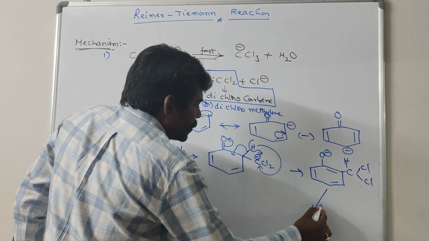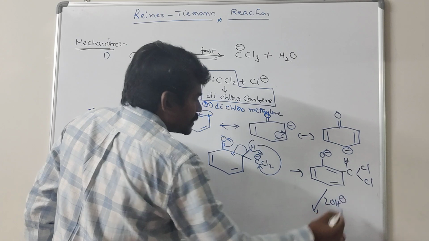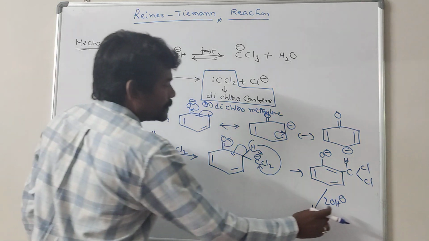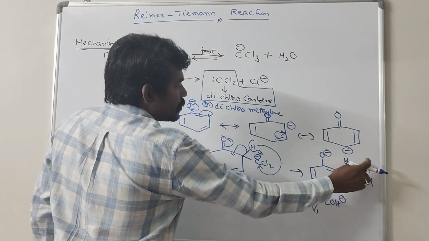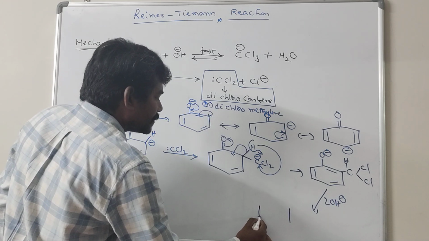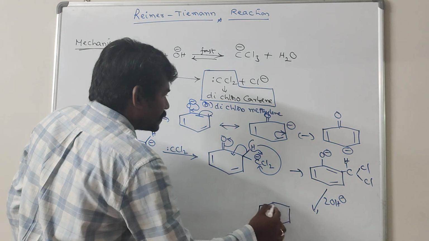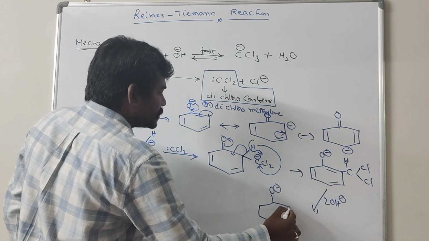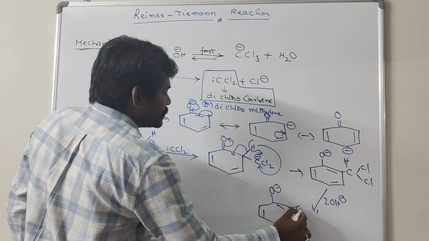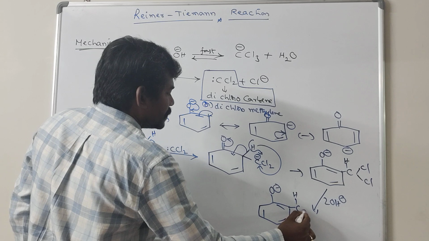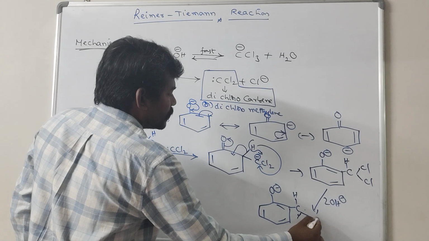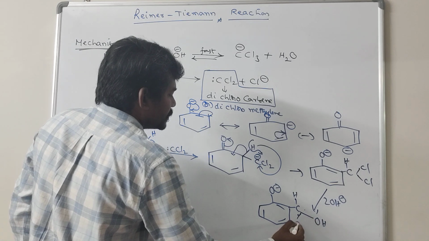It reacts with the base, 2 moles of OH minus, that is 2 moles of potassium hydroxide. The 2 Cl groups are replaced by OH groups. Then we get O minus, CH, with OH and OH.